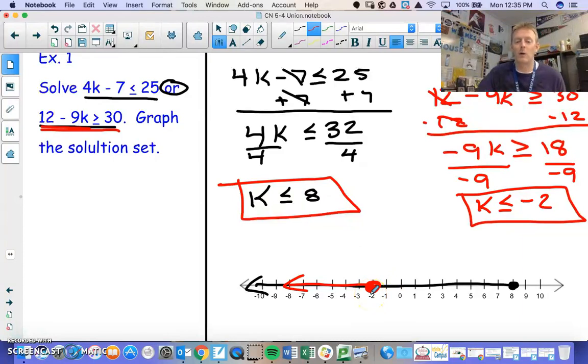We're looking at one of the inequalities to make the entire compound inequality true. So I don't need to have that part graphed. I could have just had a closed circle going to the left, and that would be all my answer needs to be.